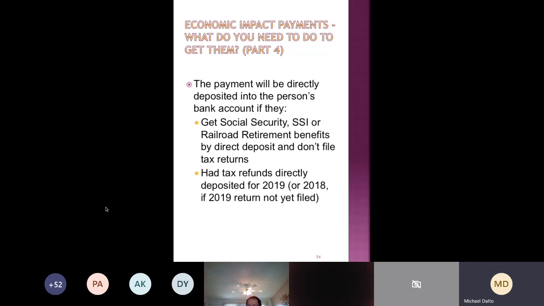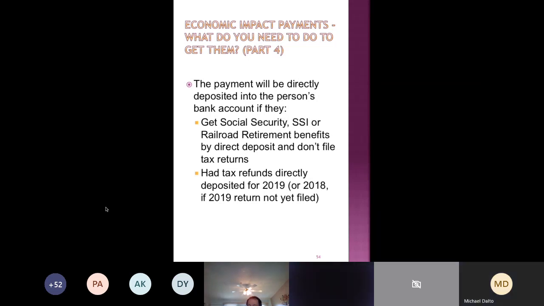So payments are going to be directly deposited into bank accounts for certain individuals and couples. That's going to be those who get Social Security, SSI, railroad retirement benefits, if their benefits are directly deposited into their bank accounts and they don't file tax returns and they're not required to.